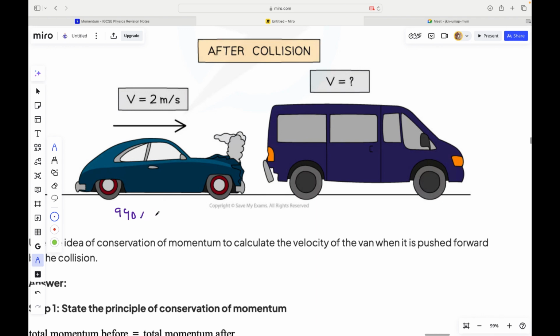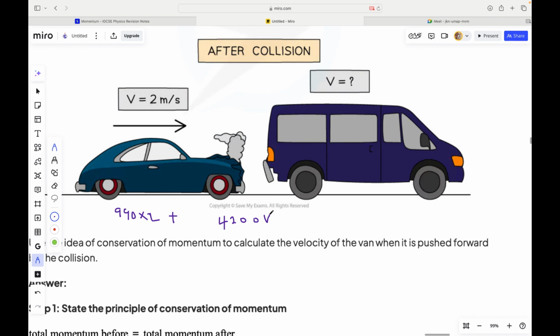We get 1,980 for this one. Plus the van, the mass is 4,200 times V. We don't know the speed of the van after collision, because the question asks us to calculate it.